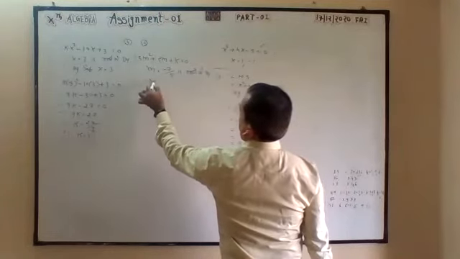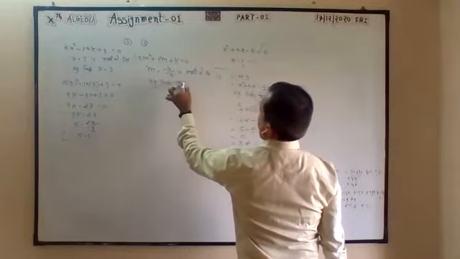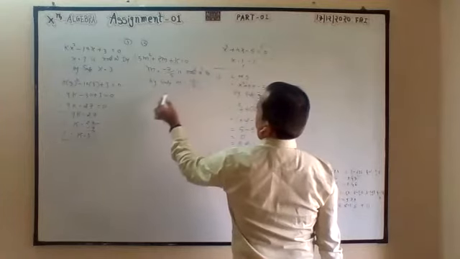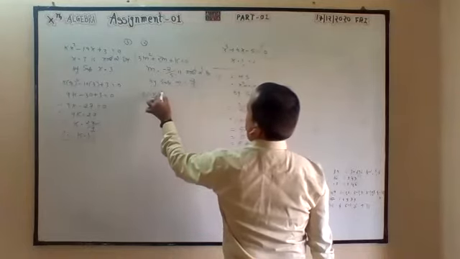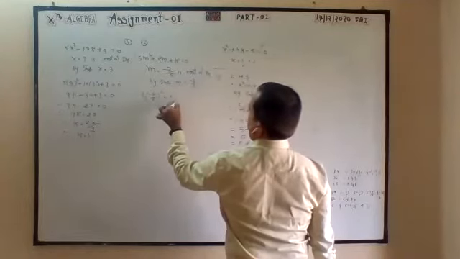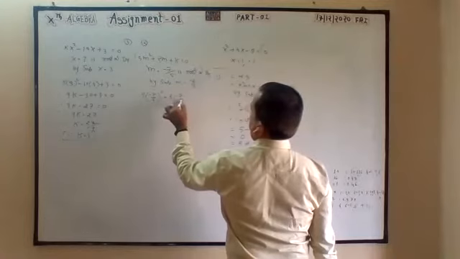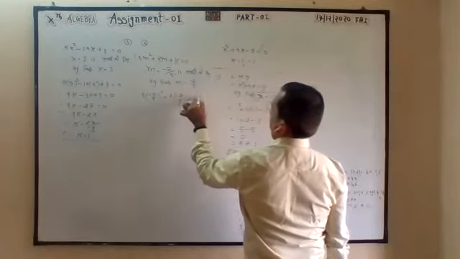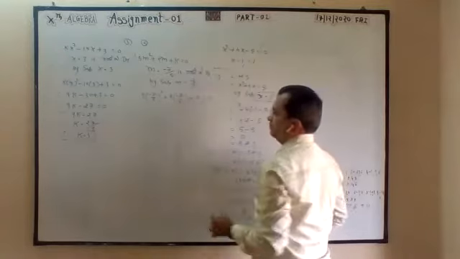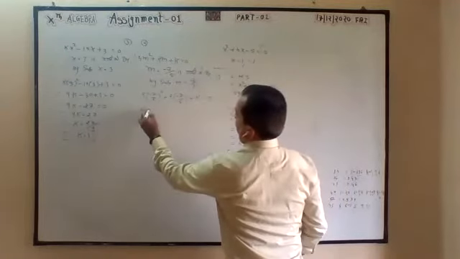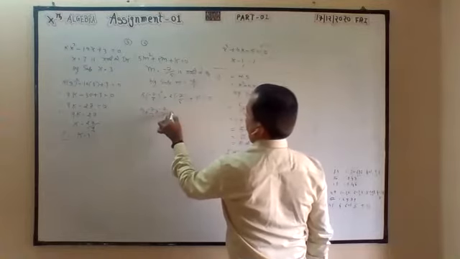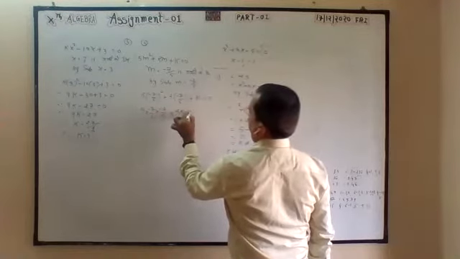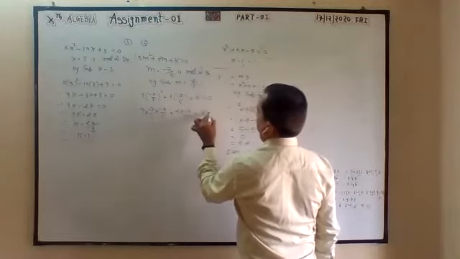Therefore, by substituting, 5 into minus 7 divided by 5, divided by 5, plus 2 into minus 7 divided by 5 plus k.